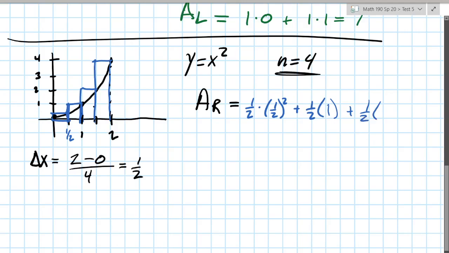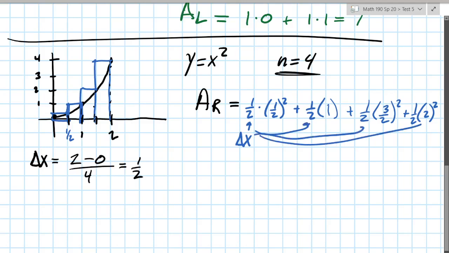Our height now is going to be 3/2 squared, and then base times height is going to be 2 squared there. So what I'm doing here is delta x is my base for each one of these, and then this is f, the y value at whatever x we're at.